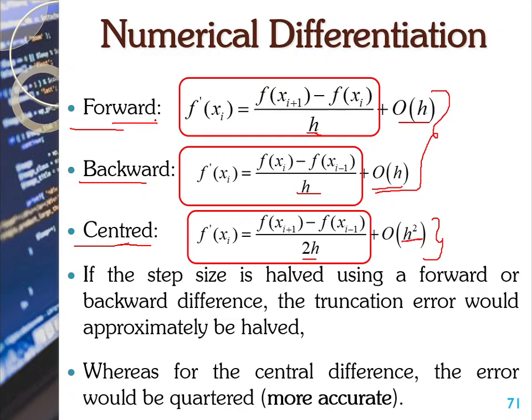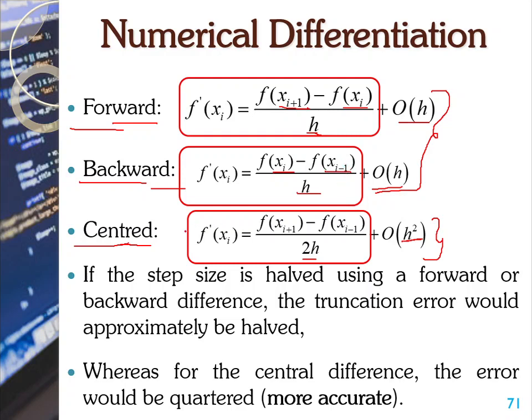For the forward difference, we need a current value, which is the xi, and a forward or future value before we can estimate it. In the case of the backward differentiation, we need the current or present value as xi and a past or backwards value, that is xi minus 1.